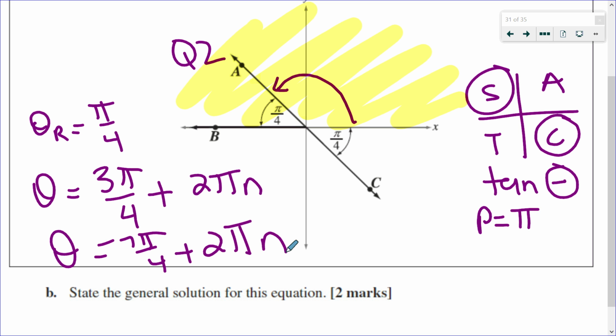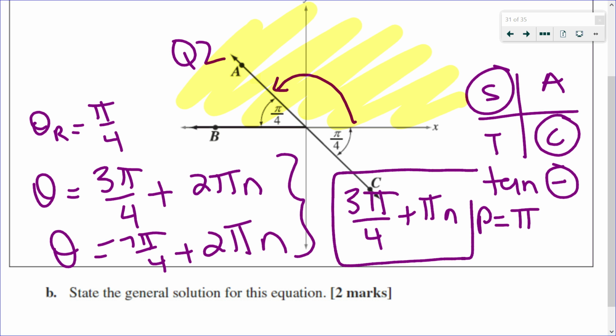So while this answer is good, this answer is better, and the better answer would be 3 pi over 4 plus multiples of pi n. Because if I take 3 pi over 4 and I add pi to it, I would get 7 pi over 4. So you have to write it in the simplest version using the period.